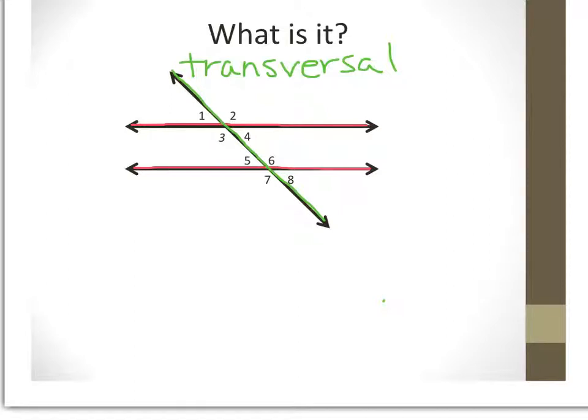Okay, now when you have parallel lines that are cut by a transversal, it creates 8 different angles. And we're going to learn the relationship between all of these angles. If we were to talk about angle 1 and angle 2, based on what we learned last week, angle 1 and angle 2 are on a straight line, so they are supplementary.